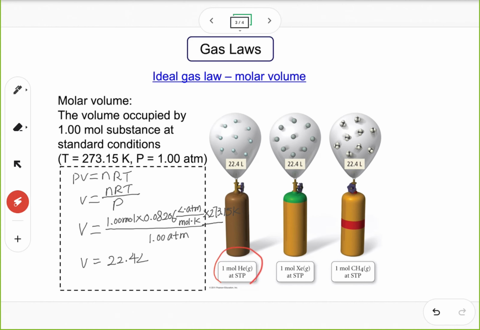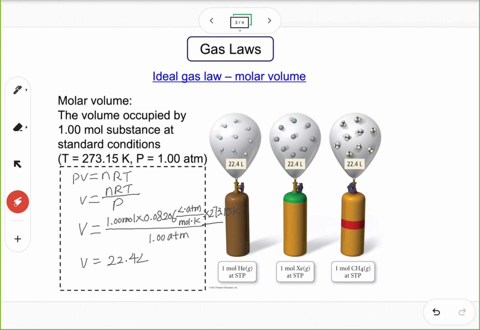You have 1 mole of helium gas at standard temperature and pressure, standard conditions. 1 mole of xenon at standard conditions. 1 mole of methane at standard conditions. And you can see that all three of them have the same volume. So that's the molar volume. That's how we define it.